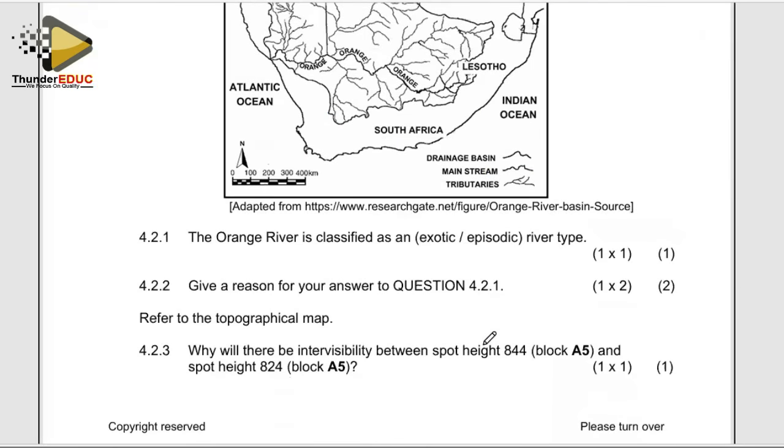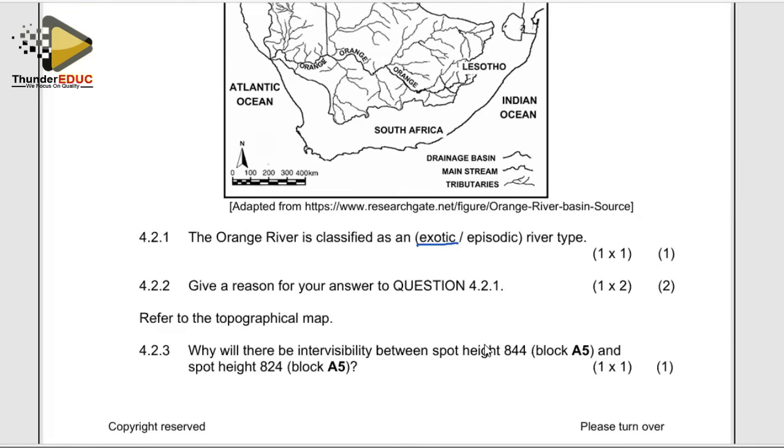The Orange River is classified as episodic or exotic river? Orange River is an exotic river. Give a reason. What we call an exotic river, we are saying an exotic river does not conform to the climatic conditions of the area over which it is flowing through.